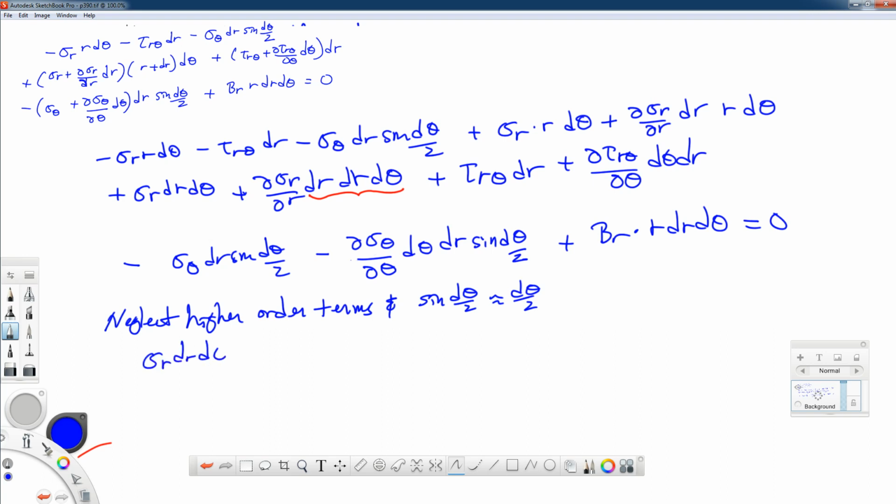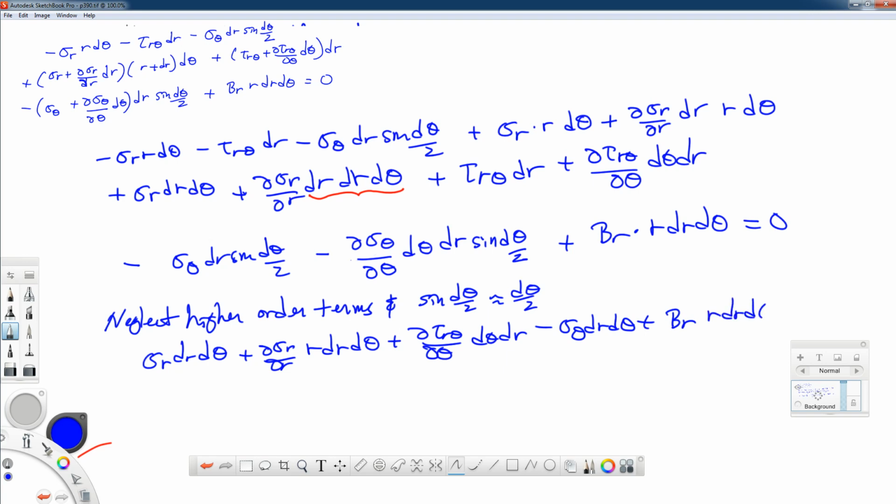Sigma r dr d theta plus the partial of sigma r with respect to r times r dr d theta plus partial of tau r theta with respect to theta d theta dr minus sigma theta dr d theta plus the body force br r dr d theta equal to 0. Now we're going to divide by r dr d theta, and we're going to be left with this equation.